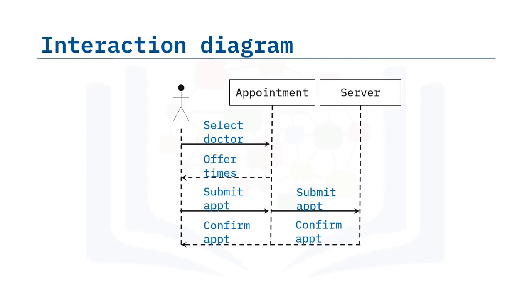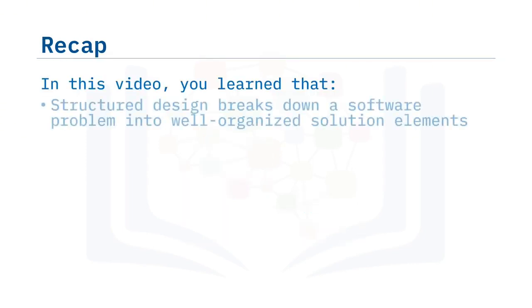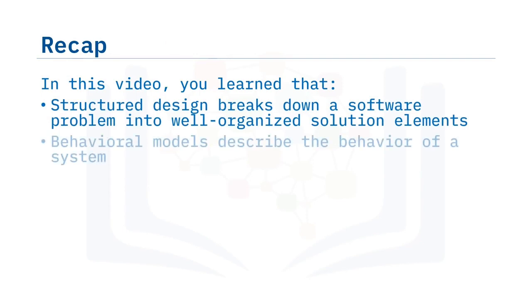In this video, you learned that structured design breaks down a software problem into well-organized, smaller solution elements. Behavioral models describe the behavior of the system without explaining how the system implements the behavior.